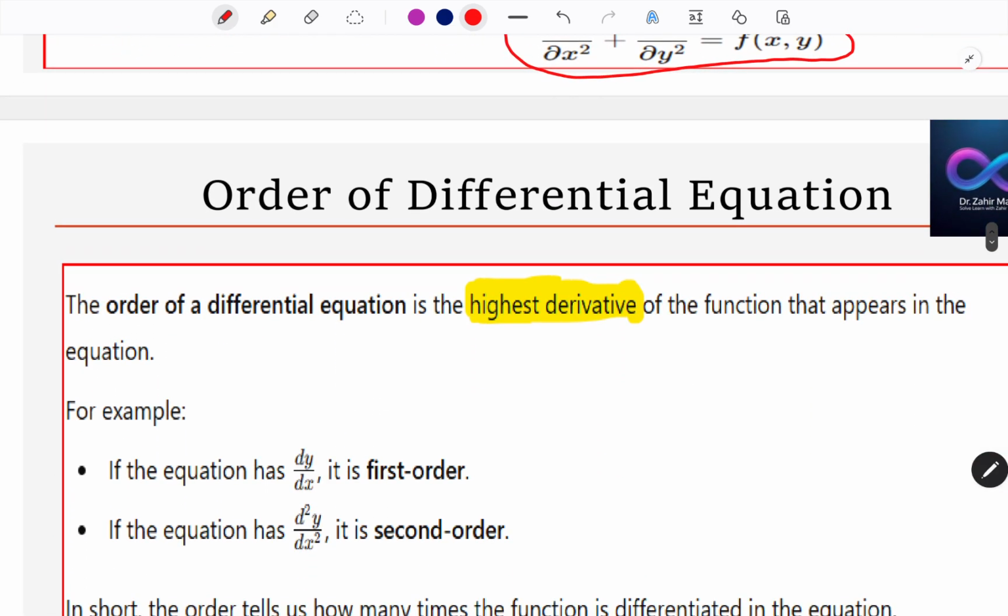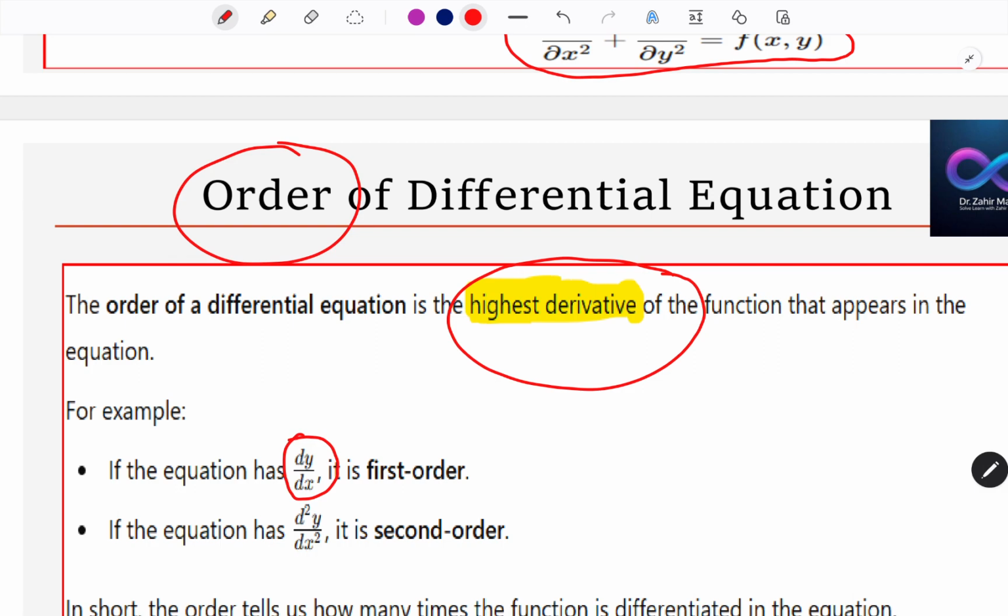Now let's go to the next definition, order of a differential equation. What do you mean by order of a differential equation? The order of the differential equation is defined as the highest derivative given in the differential equation, right? So look here, this is a differential equation. dy by dx is there, so it's first order. If d square y by dx square is there, it is a second order differential equation.